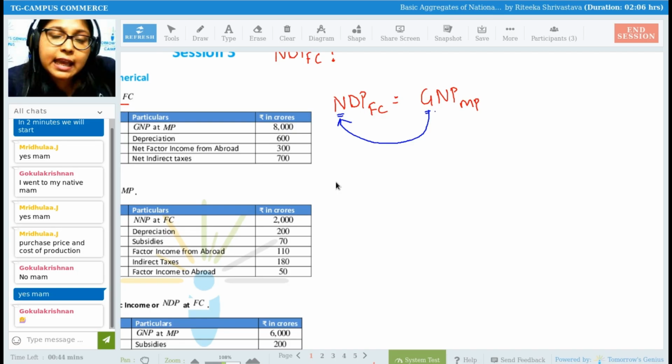In the flow chart, I have already told you what to do when we have to go from gross to net. So refer to the same flow chart or the formula which I have given and tell me what you do to go from gross to net. Quickly.